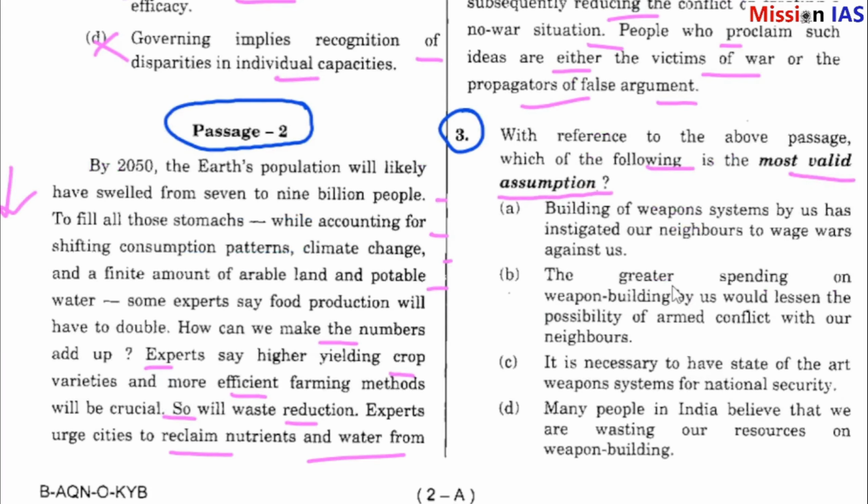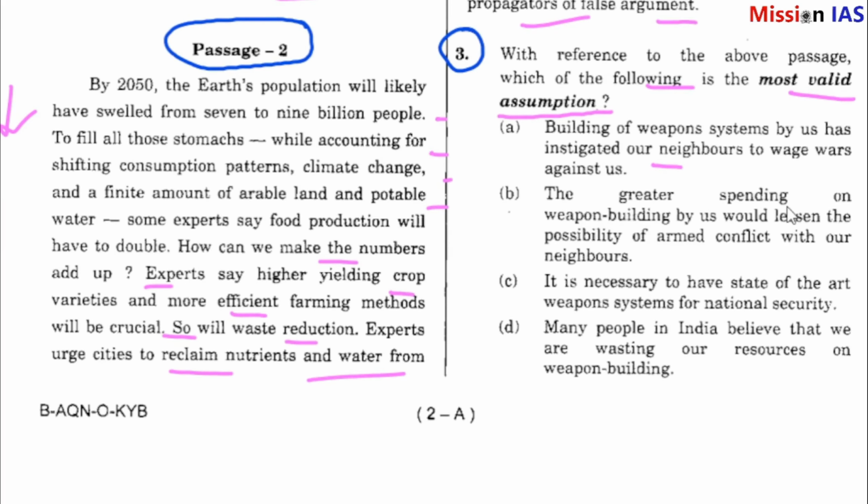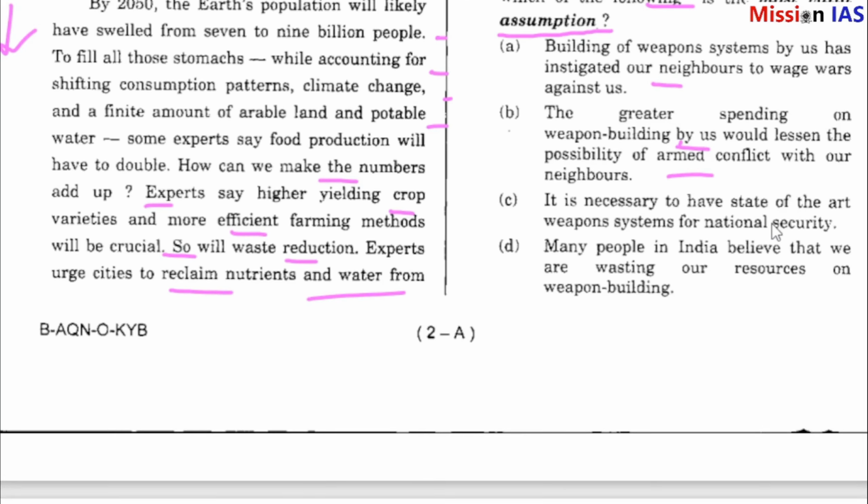What do you understand and what is your assumption? Option 1, building of weapon systems by us has instigated our neighbors to wage wars against us. Option 2, greater spending on weapons building by us would lessen the possibility of armed conflicts with our neighbors. Option 3, it is necessary to have state of the art weapon systems for national security.